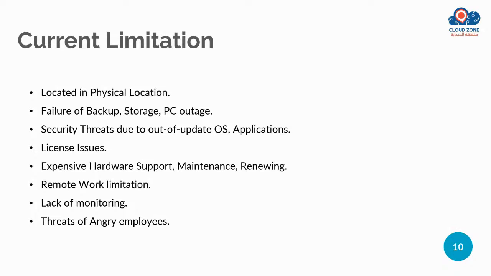Also, there is a case that usually happens from threats of an angry employee. If a certain employee leaves the company, how would you control your data over their PCs? You need additional software just to control your data over that PC.